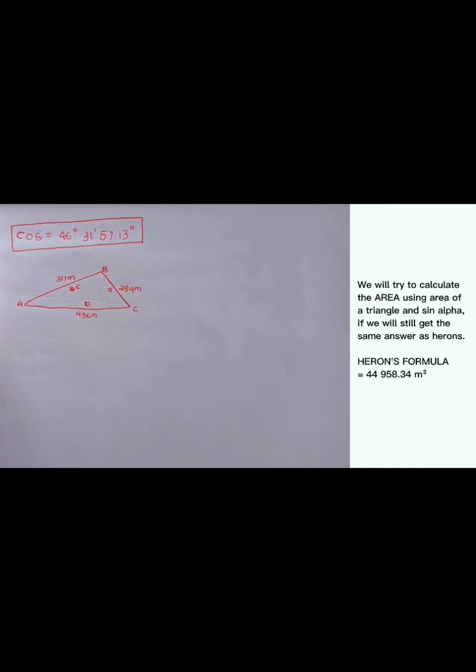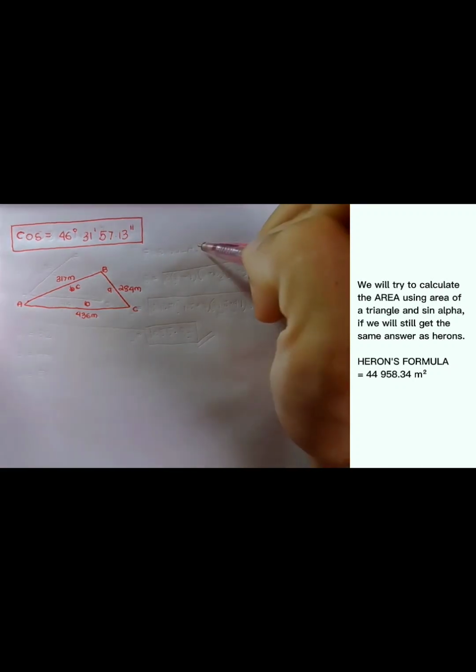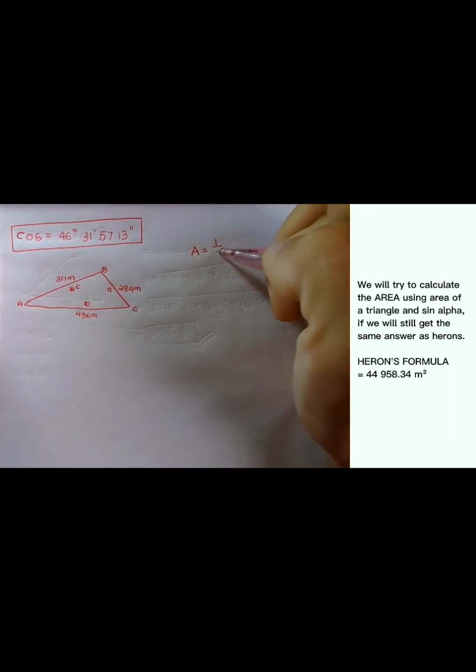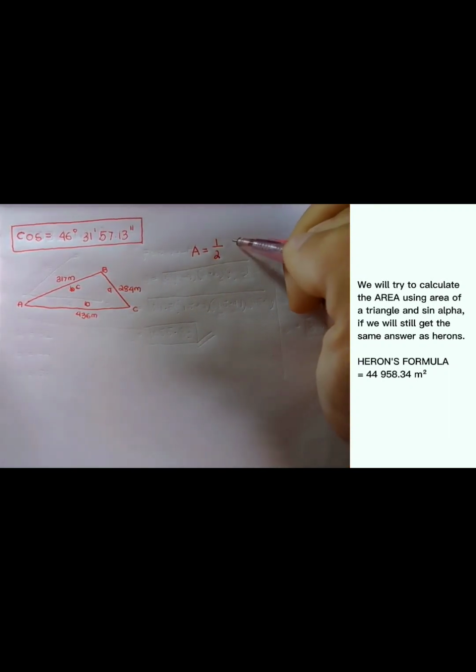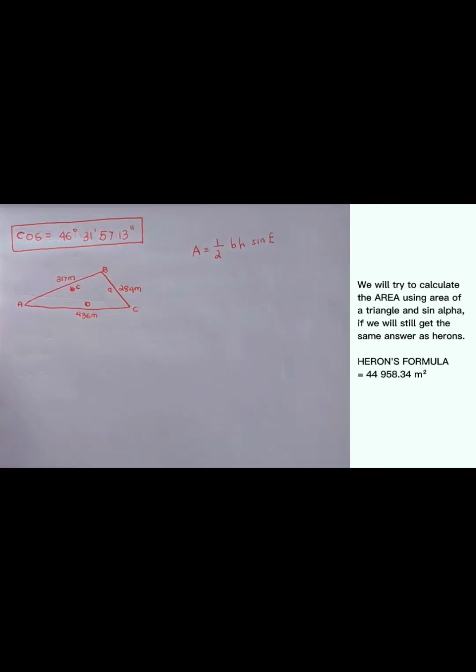Okay, so sa problem na to ay gagamit tayo ng formula na area is equals to 1 over 2 times base times height times sine alpha. Okay, so after natin maisulat yung formula, substitute na lang din natin yung bawat value na hinihingi dito.